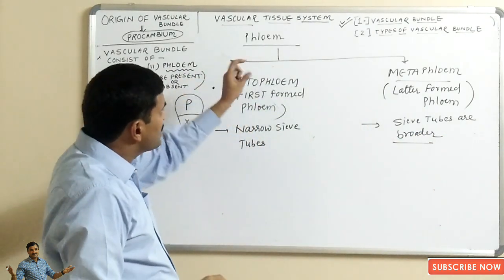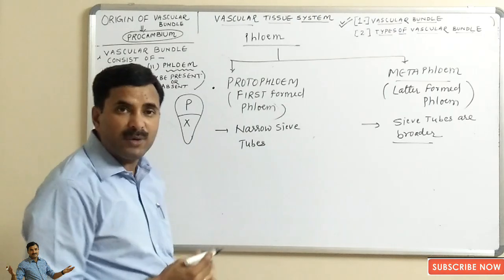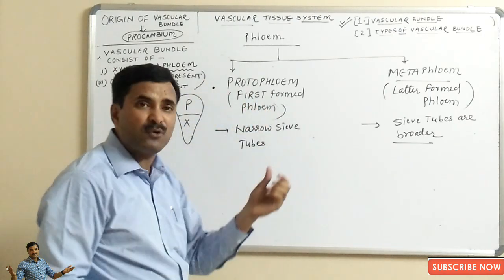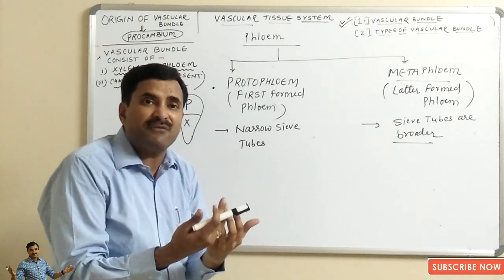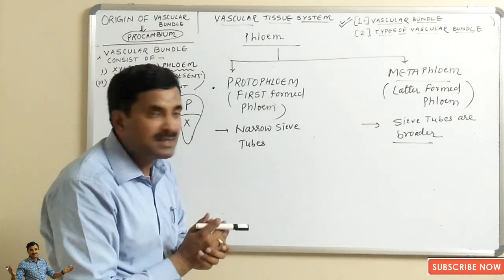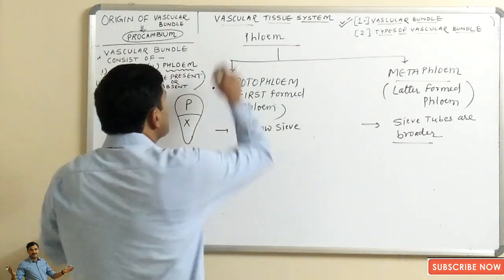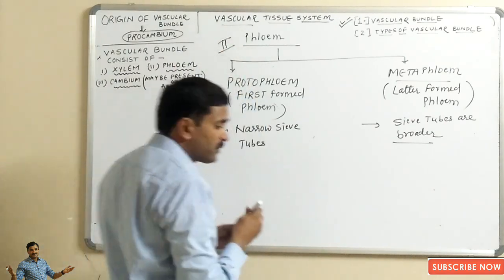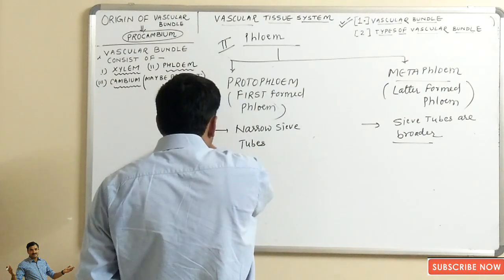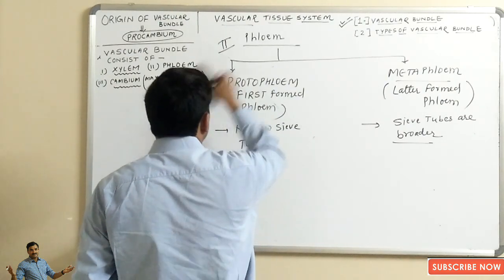So this is the difference between the protophloem and the metaphloem. But here the protophloem and the metaphloem are not so well differentiated as the protoxylem and the metaxylem were. So this was the second component of the vascular bundle, which was known as what? The phloem. So we have discussed the xylem and we have discussed the phloem.